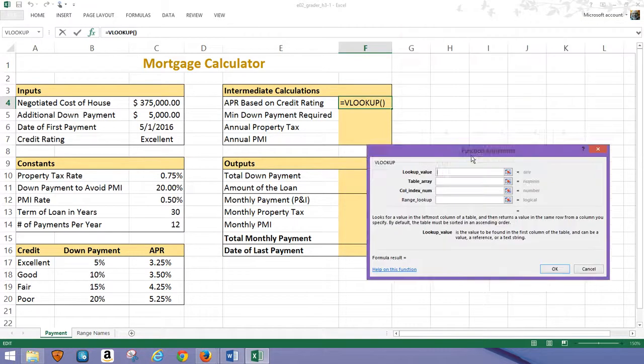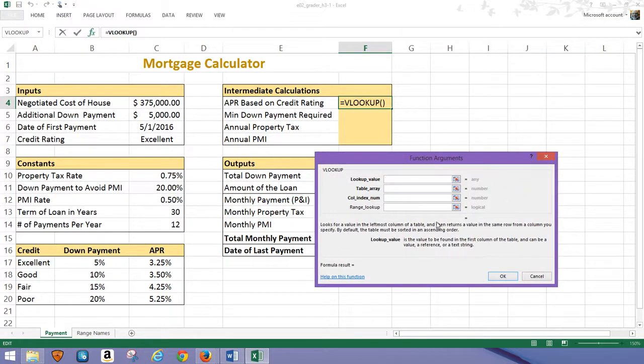For a vertical lookup, the first thing that you're supposed to do is look up a value. Okay, so in the instructions, what it says is that you are to look up a function to calculate the APR based on credit rating.